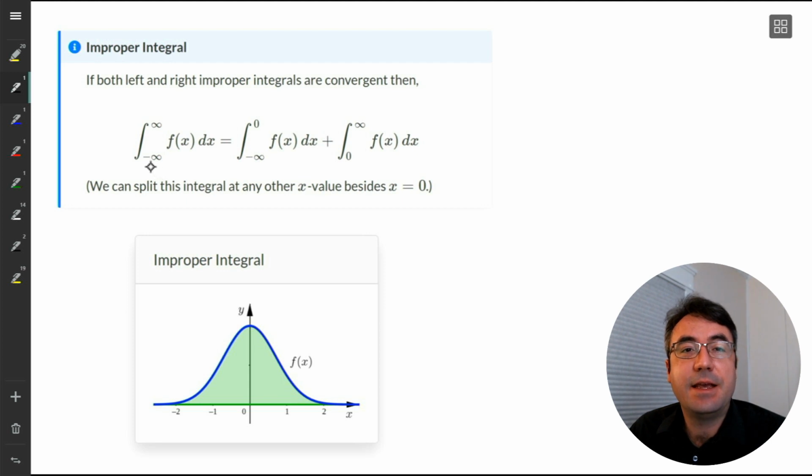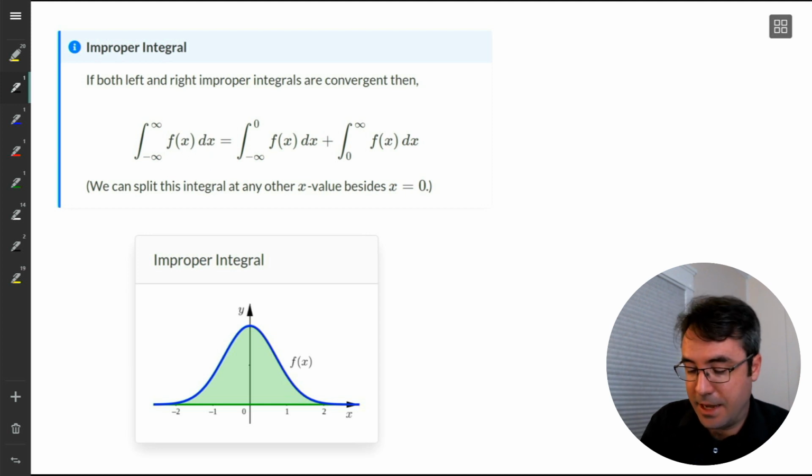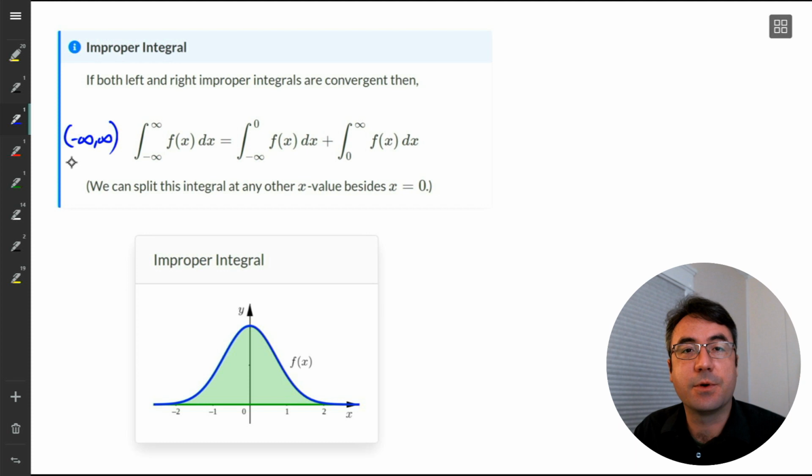It's the integral from minus infinity to positive infinity of f of x dx. Now this is an improper integral, and it's really over all real numbers. So for the interval from minus infinity to infinity. And how are we going to handle this? Well, we're going to split it up into a left-hand and a right-hand improper integral.